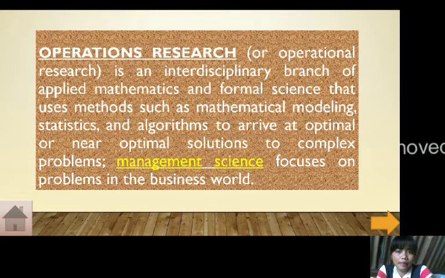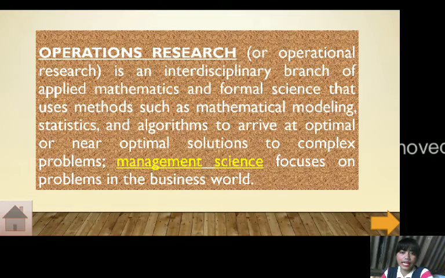The terms management science and decision science are sometimes used as synonyms, employing techniques from other mathematical sciences such as mathematical modeling, statistical analysis, and mathematical optimization. Operations research arrives at optimal or near-optimal solutions to complex decision-making problems.